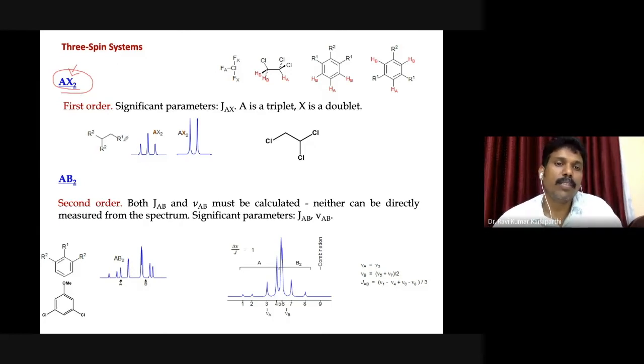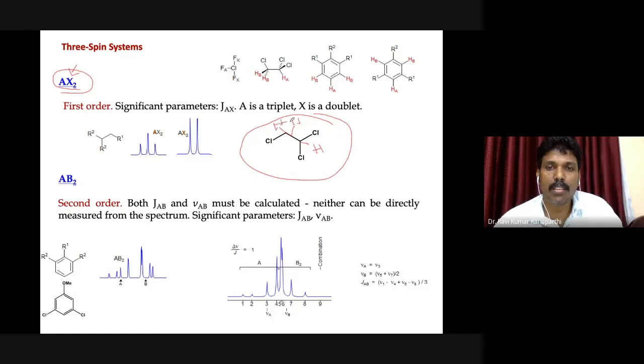So we can have different examples. One is this type of molecule, for example the 1,1,2-trichloroethane molecule. Here you have one proton, whereas here you have two protons.